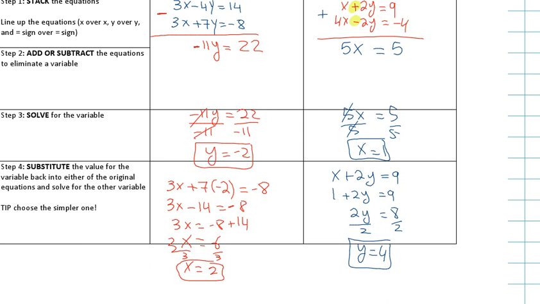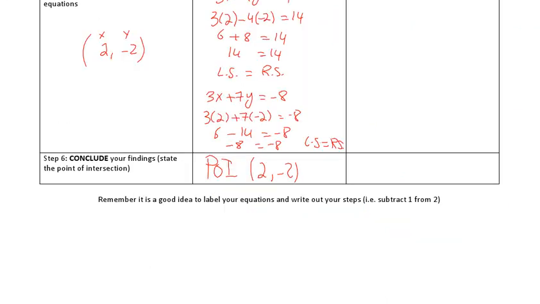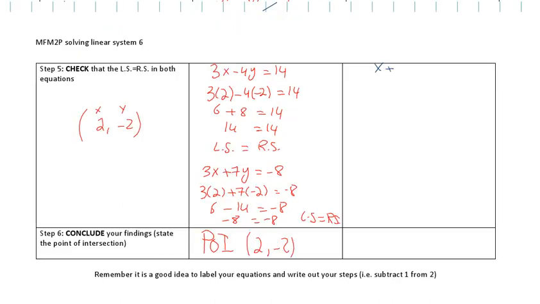So we're going to take that and then we're going to try to prove it. Check it. So the equations are what? x plus 2y equals 9, and 4x minus 2y equals -4.